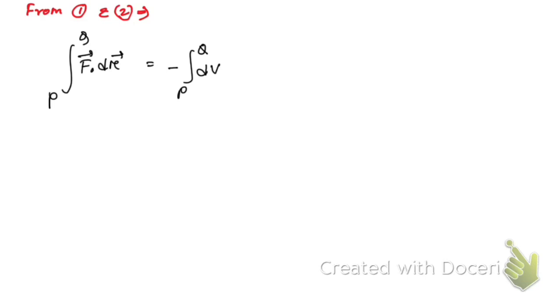Now you see what we can do here. On both sides we have integration, so removing the integral we can write F dot dr equals minus dV. That's what we can write. Okay, now let me take this one as equation number 3.